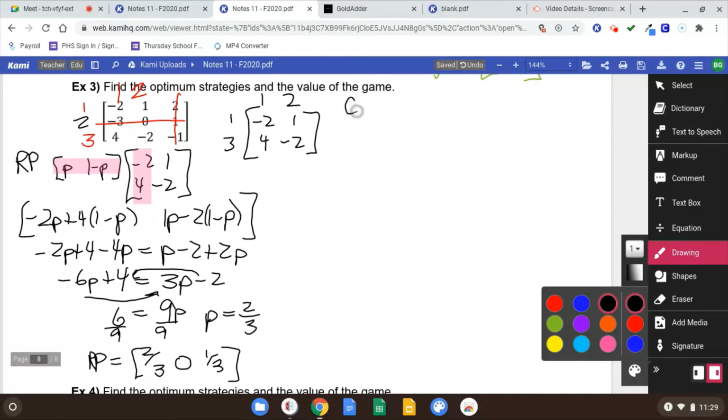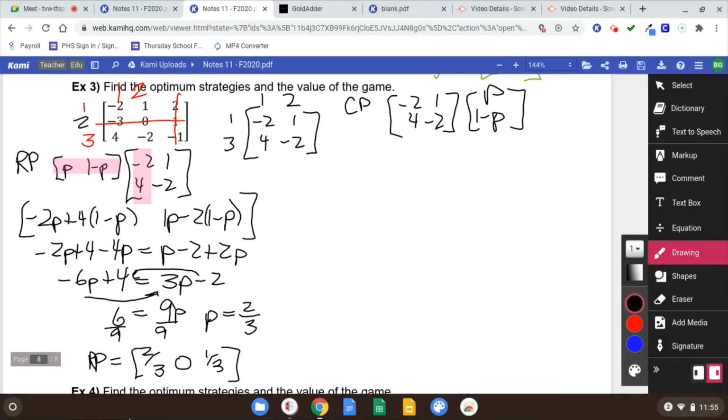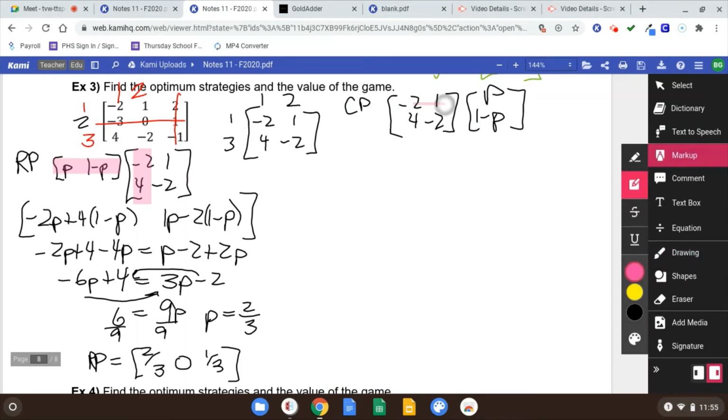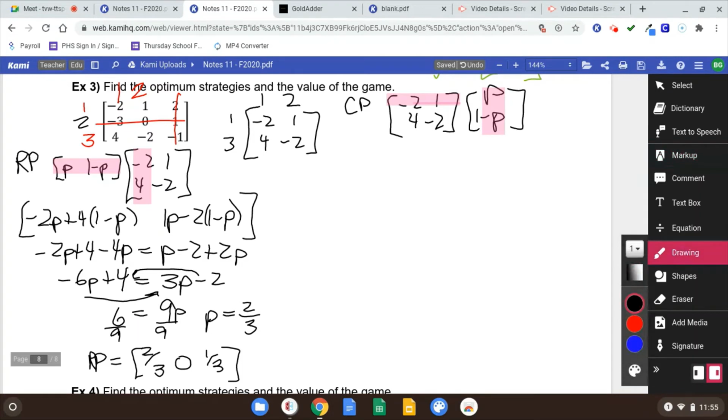For the column player, you have to do it like this: -2 and 1 and 4 and -2. So let's multiply row by column and see what we get.